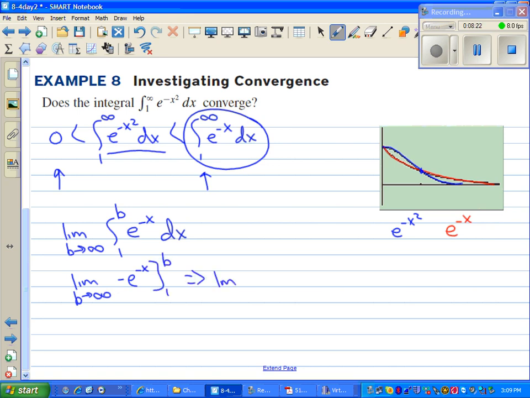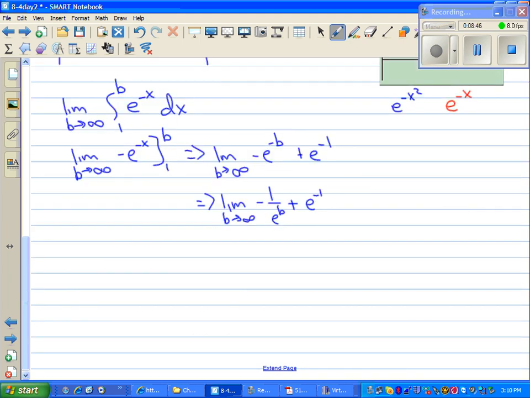That's the limit as b approaches infinity of negative e to the negative b plus e to the negative 1. Now, let's rewrite this a little bit. We have the limit as b approaches infinity of negative 1 over e to the b plus e to the negative 1.